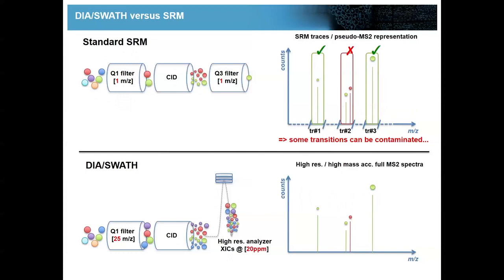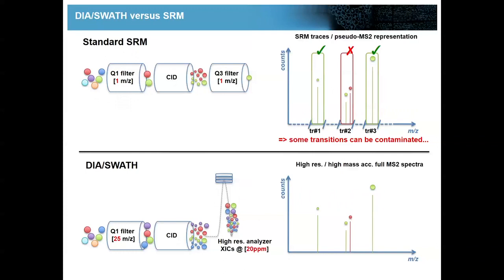The trick with SRM is that you get selectivity by filtering out one fragment ion at a time, so we acquire data on this particular green fragment ion. This is a pseudo MS plot of the SRM data. These are the 3 fragment ions we're trying to monitor. These 2 have nice clean signals, but unfortunately one of these red fragment ions has a similar mass to this green fragment ion, so we get an interference.